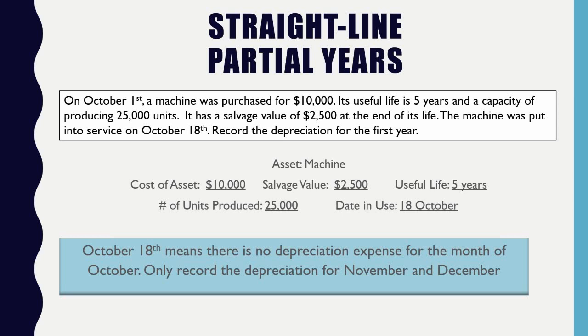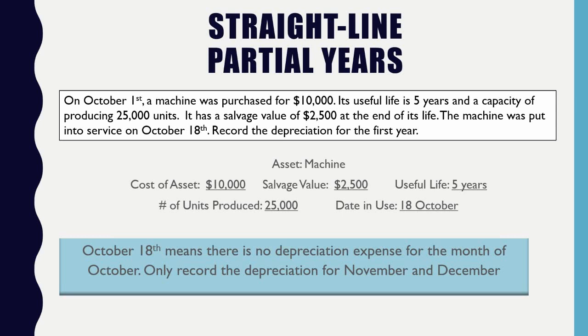It also has a salvage value of 2,500 at the end of its life. Okay, the machine was placed into service on October 18th. Okay, so record the depreciation for the first year.